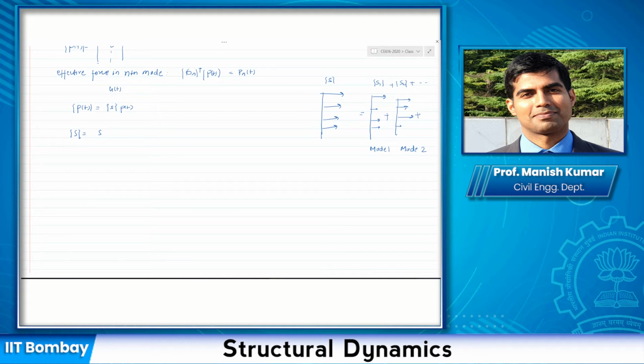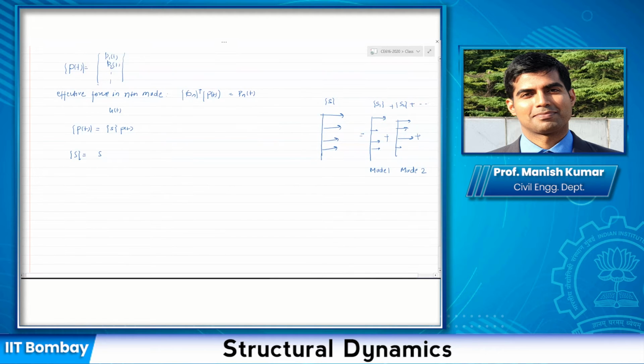I have a force vector which I have written as P(t), and if P(t) has the same time variation at all degrees of freedom, I can write it as something like this, s, which represents the spatial distribution. Basically, if this is 0.1, 0.2, this is, let us say, 0.15, this is 0.6, times p(t), which is the time variation.